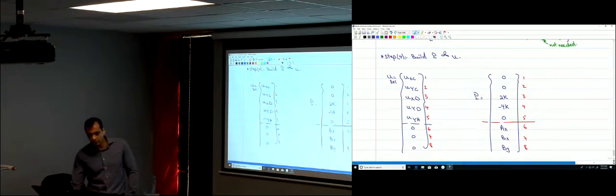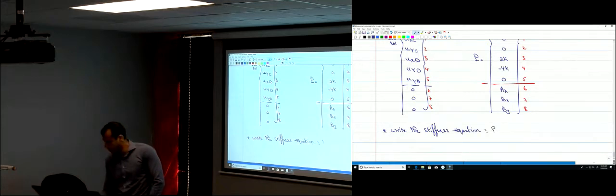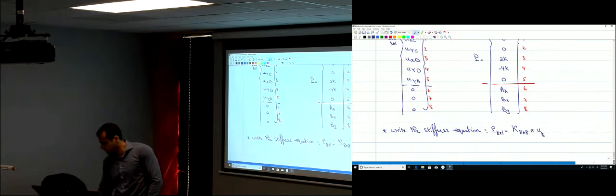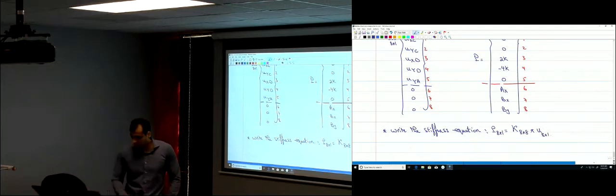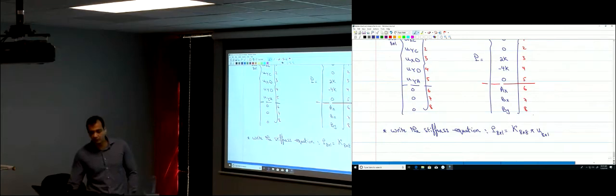And then write the overall stiffness equation. That P, which is 8 by 1, is equal to that K, which is 8 by 8, multiplied by U, which is 8 by 1. Okay? So that's a set of 8 equations.